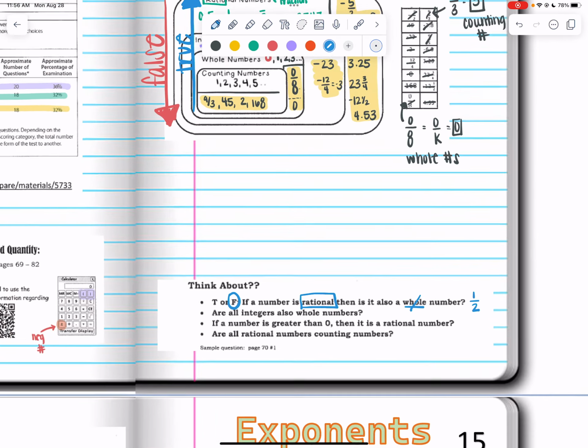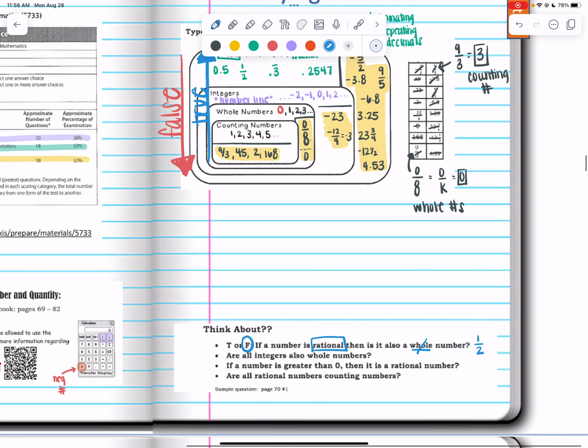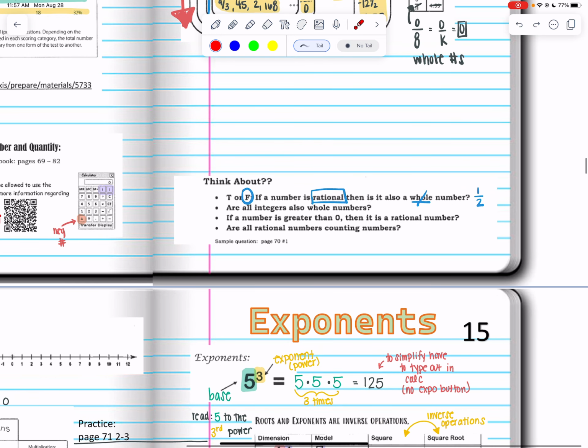Are all integers whole numbers? Well, again, look at the arrow. We're going down. So that is going to be another false.